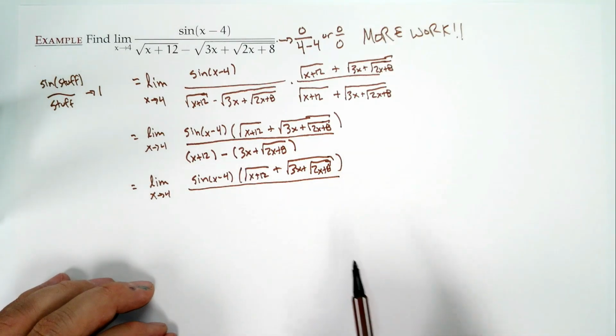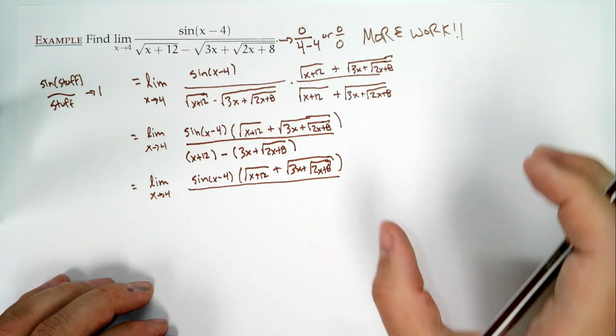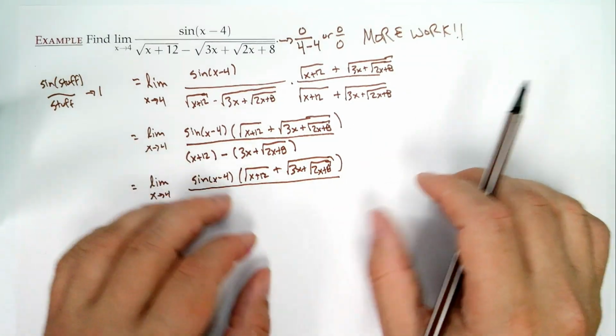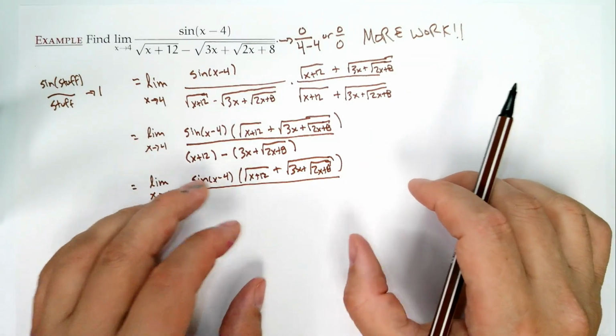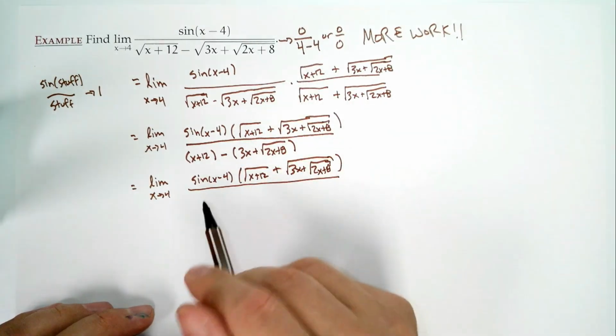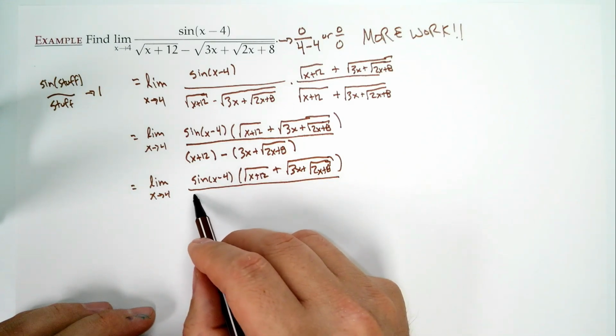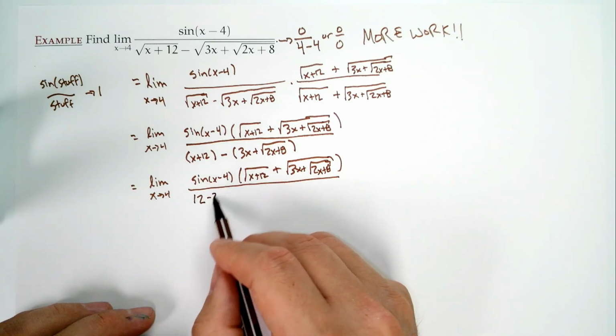And so because you see a square root, what you really want to do is get it to something where it's a minus a square root or a plus a square root. So you can do that conjugation again. So x plus 12, subtract 3x. Probably easiest to write that as 12 minus 2x.